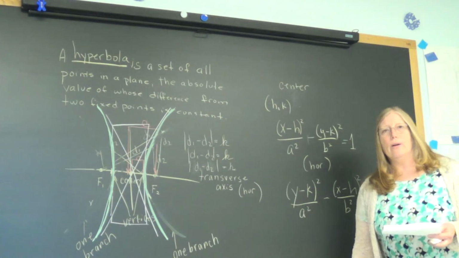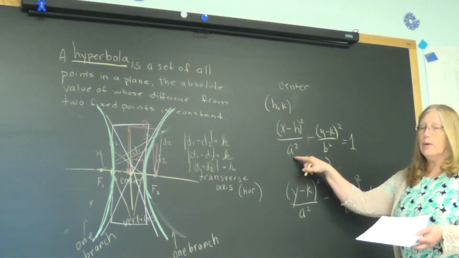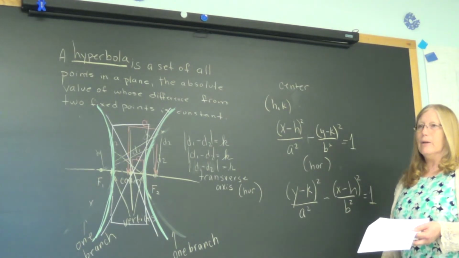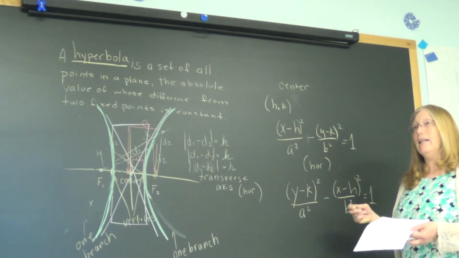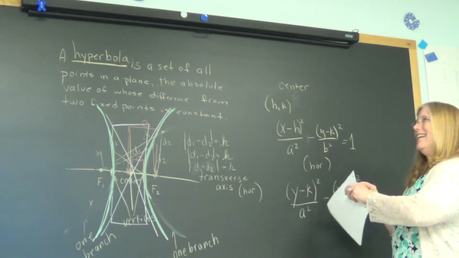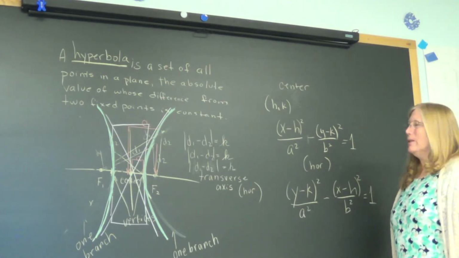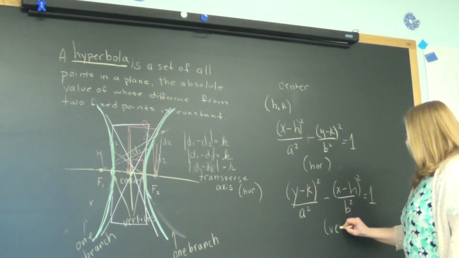Now you may, and hopefully remember, on the ellipse, a was always the bigger number. When the bigger number was under x, it was horizontal, and when it was under y, it was vertical. Now this one doesn't work that way.